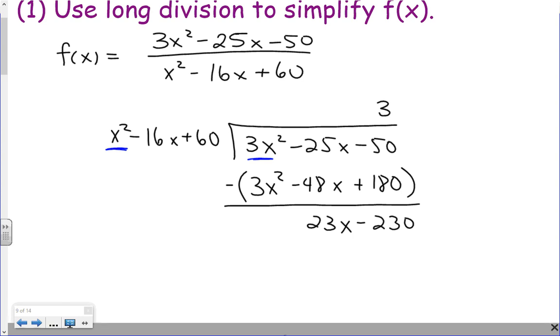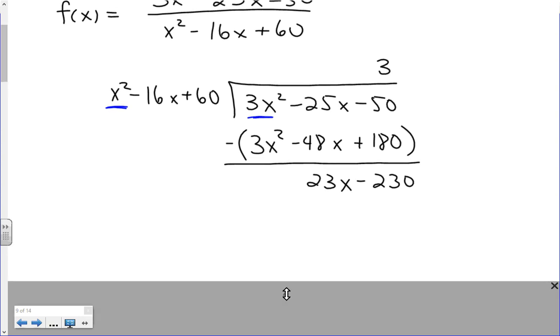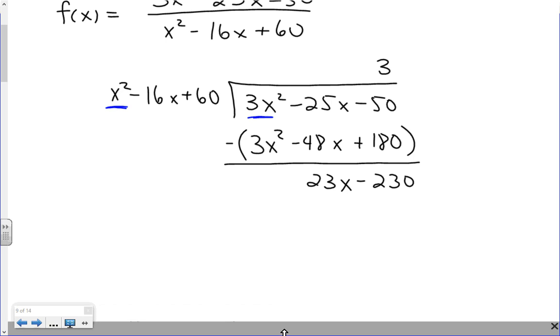All right, so let's rewrite what f of x is equal to. And actually, we're going to rewrite f of x in a couple of forms here. So I have f of x is equal to, actually, I should probably write the remainder of this over here just so we realize what we have here. This part that I end up with, since there's no more x squareds in that, that's my remainder part.